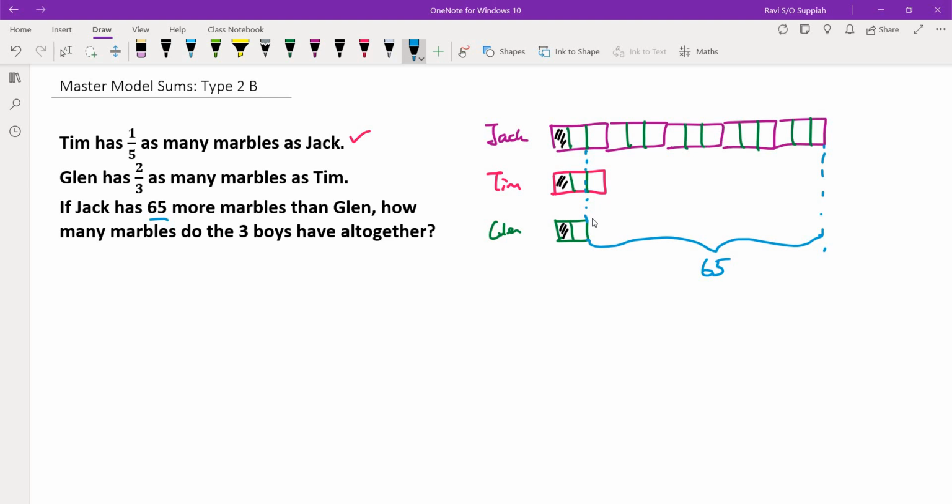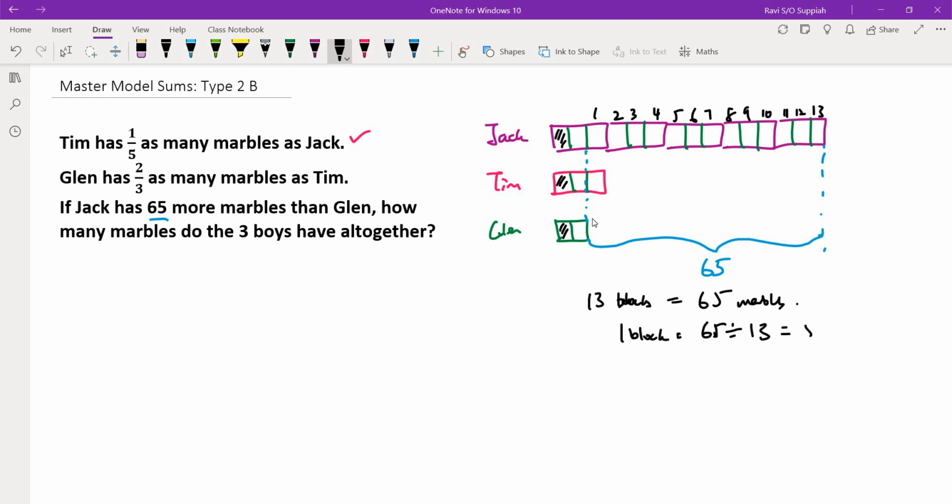So we need to count how many blocks there are: 1, 2, 3, 4, 5, 6, 7, 8, 9, 10, 11, 12, 13. So 13 blocks is equivalent to 65 marbles. So 1 block is equal to 65 divided by 13, which is equal to 5 marbles.